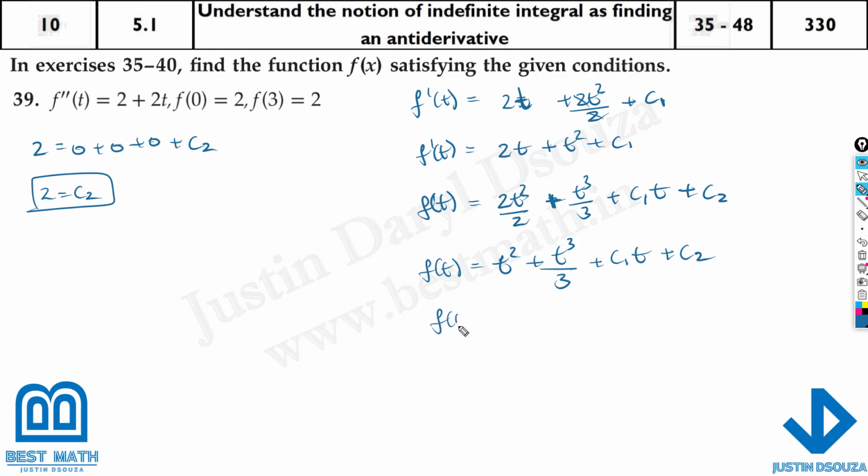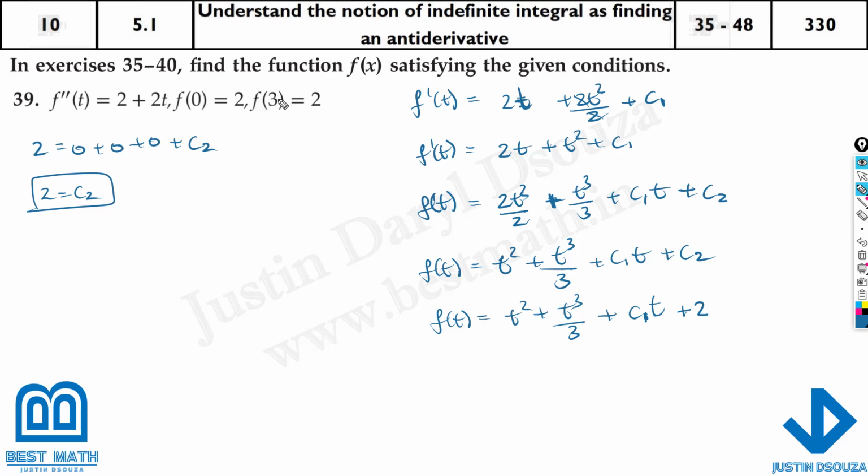Here then, f of t can be written as t power 2 plus t power 3 by 3 plus C1 times t plus 2. But still it's not all done. Why? Because I still don't have the C1 right over here. Now I will substitute the next given condition.